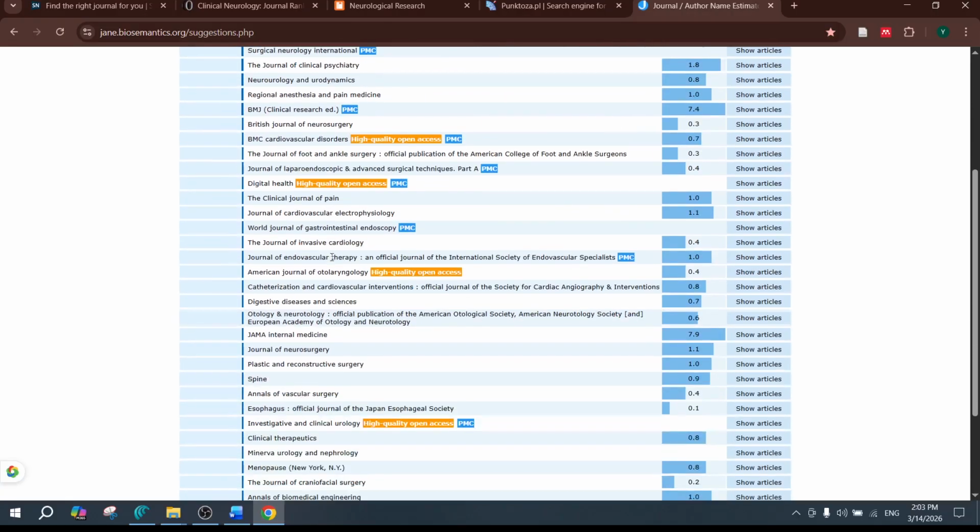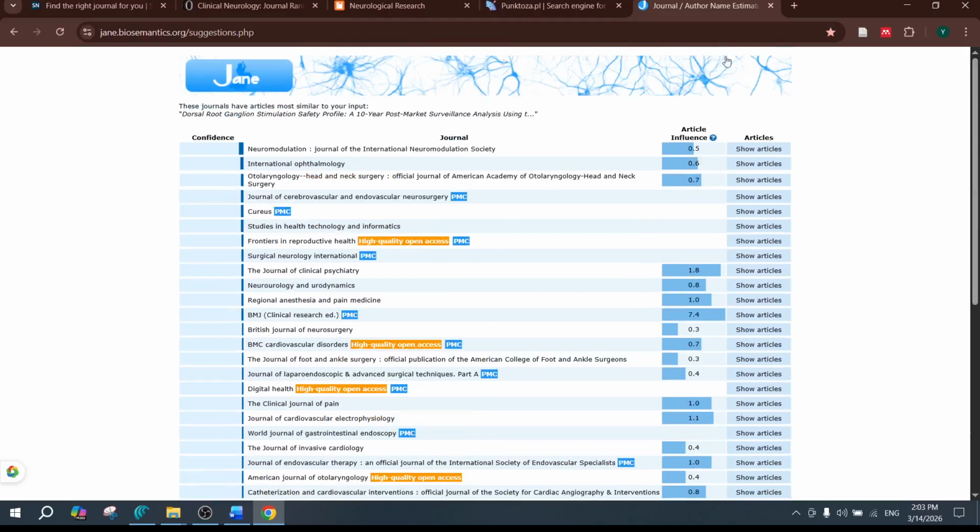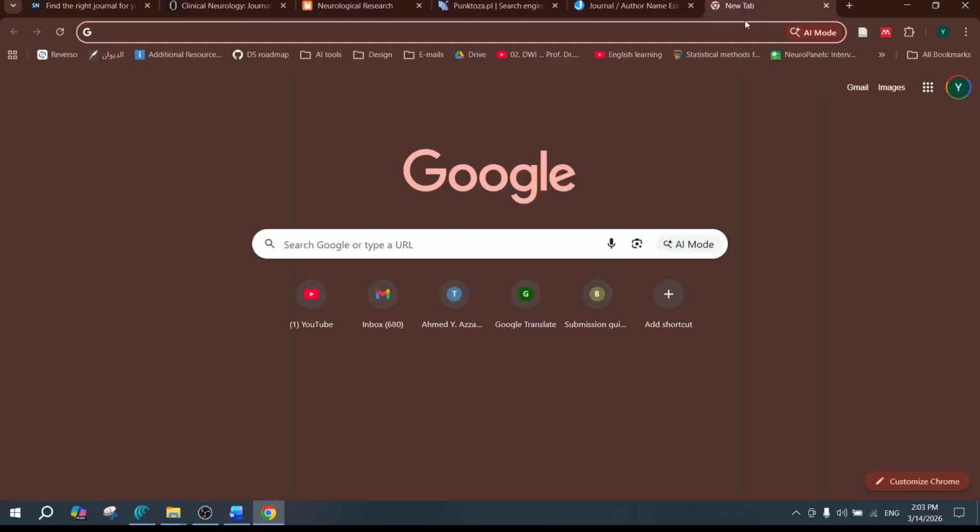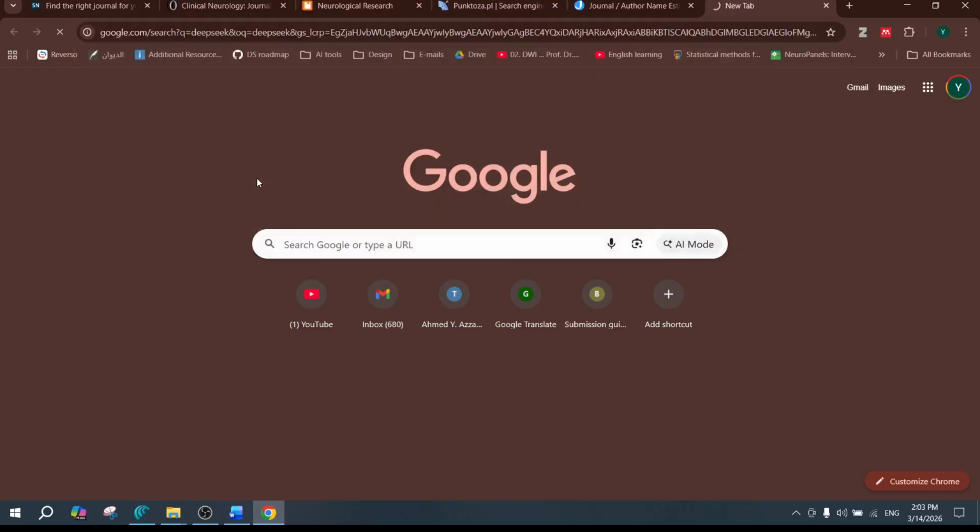Okay, this is also another tool I wanted to show you. Some people actually use ChatGPT, Perplexity, and AI large language model chatbots to suggest journals, which is not bad, to be honest. But I'm going to tell you to try to use DeepSeek, the Chinese chatbot.